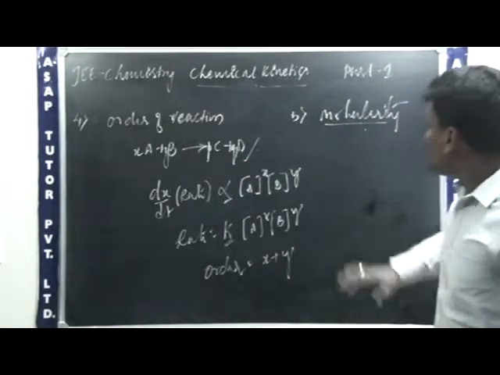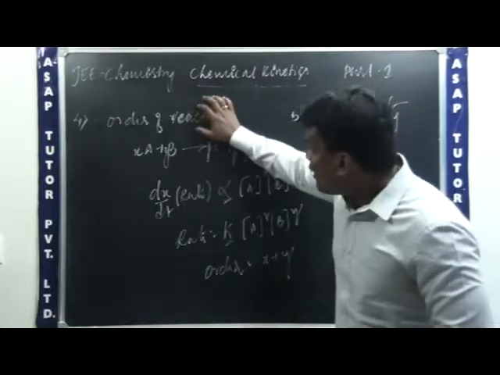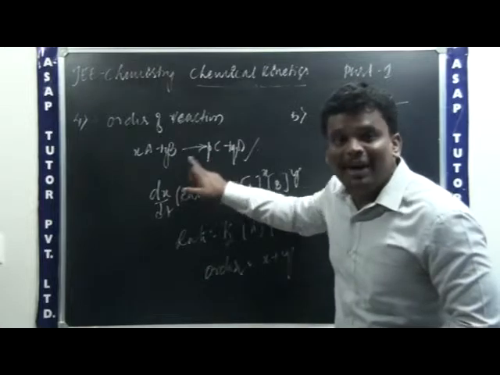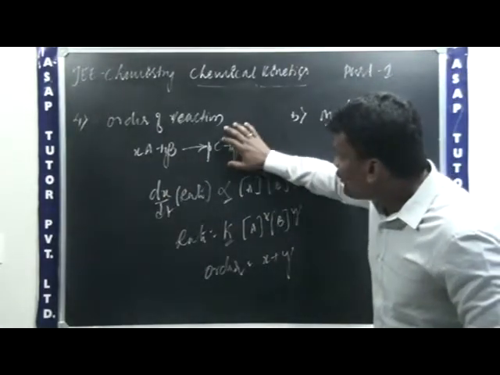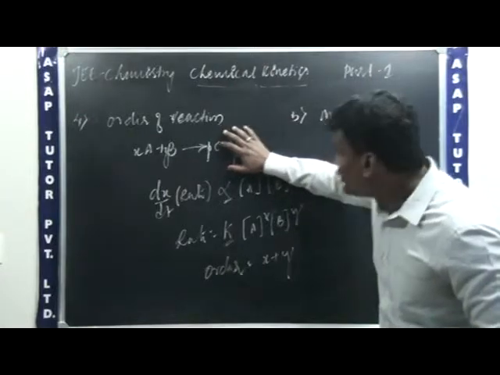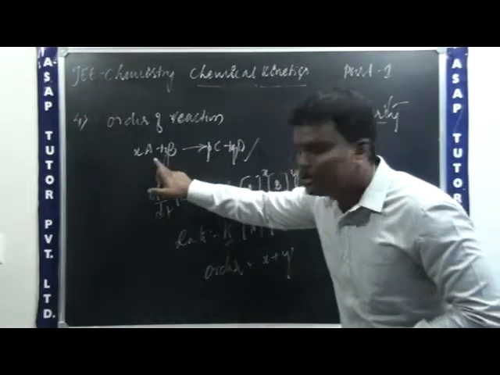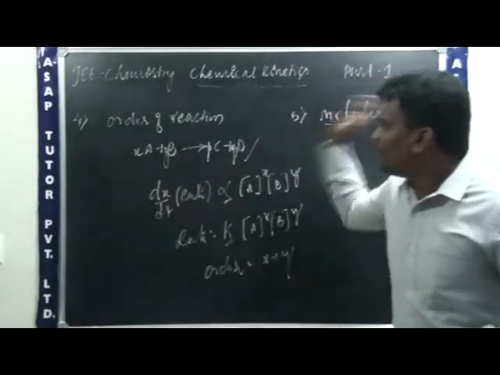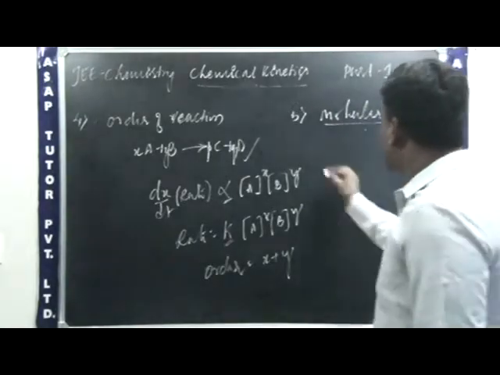Therefore, we can conclude that molecularity is the theoretical value, but order is the experimental value. Order depends upon the experimental reaction, while molecularity depends only on the number of molecules reacting to form the product.